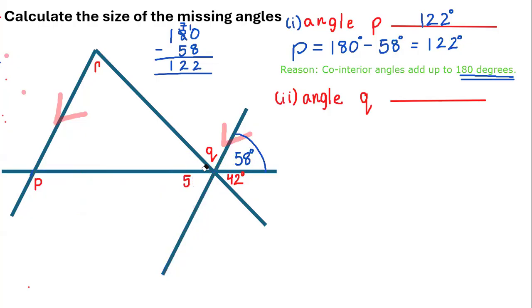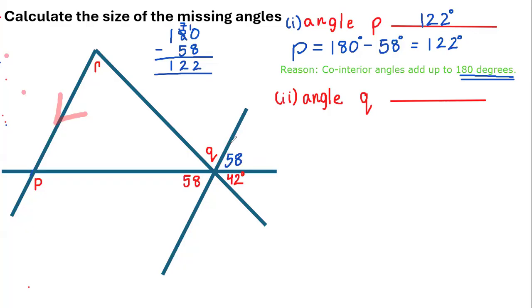What are we saying? Because 58 is vertically opposite to this, this must also be 58 degrees.